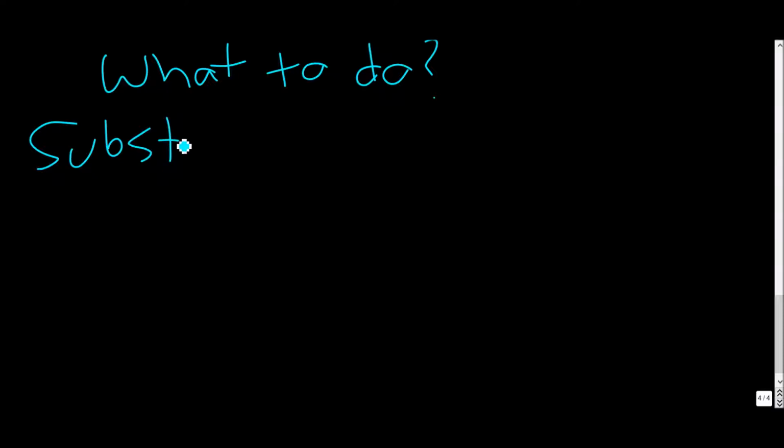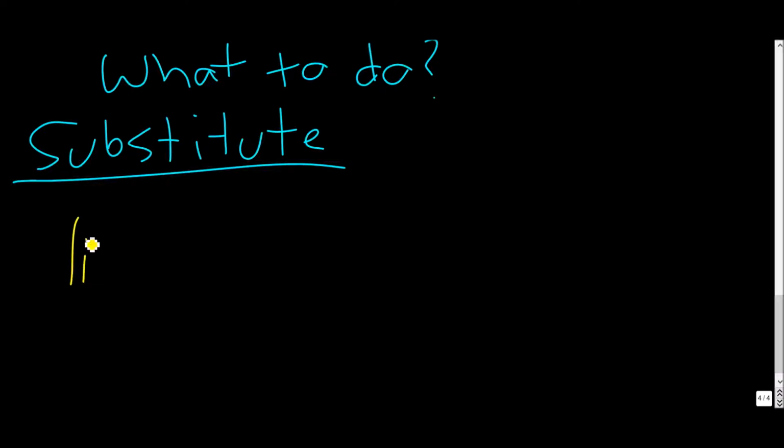Now, how do you deal with a limit? I'm going to do some very basic examples first, just to show you how this works. The very first thing that you're going to want to do is try to substitute. So let's say I've got the limit as x approaches 2 of x squared.